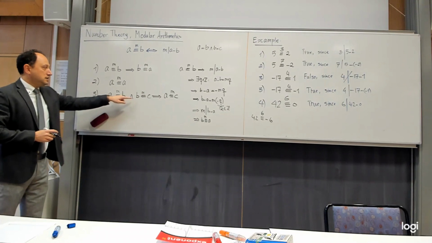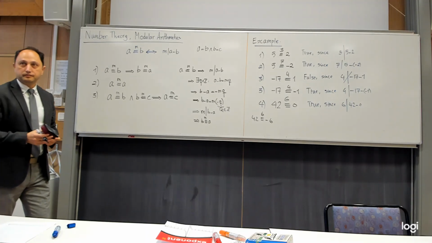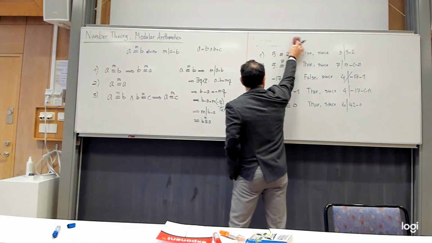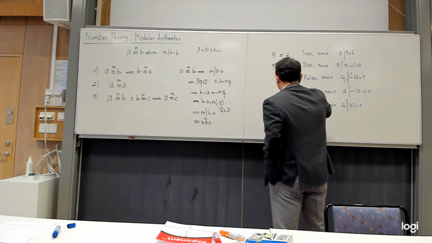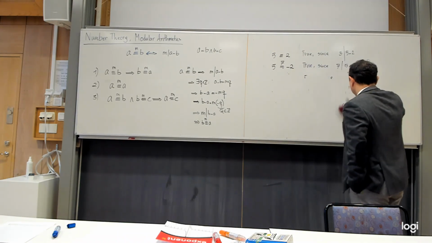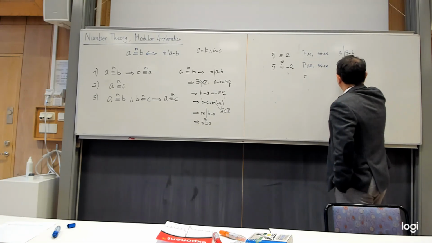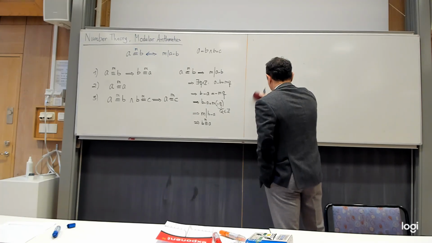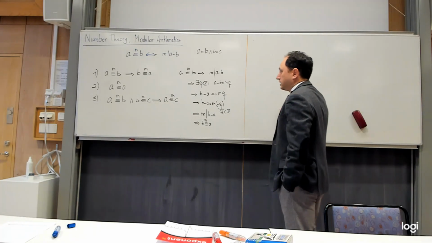Okay, do you think this is true or false? Yes, I want to show that this is true, so let us prove it together. How should I prove this? I will start.